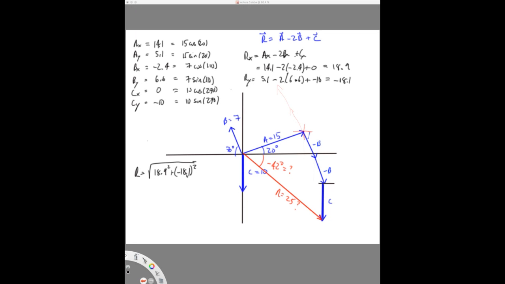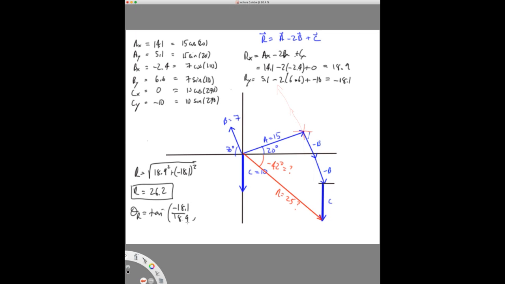So what do we get when we add these guys? Remember to square the minus sign on the 18.1. And this is 26.2. And the theta for R is going to be the inverse tangent of the y piece over the x piece.